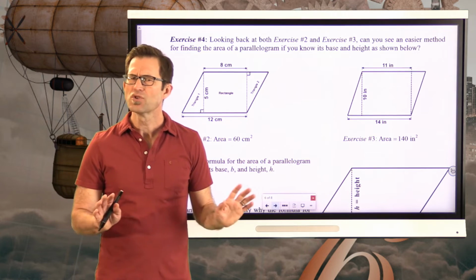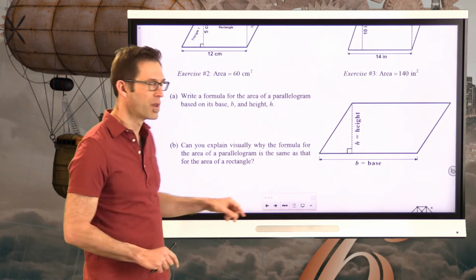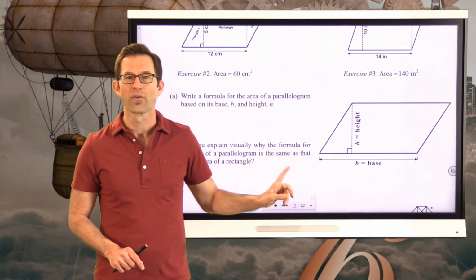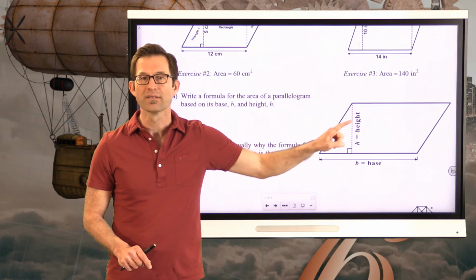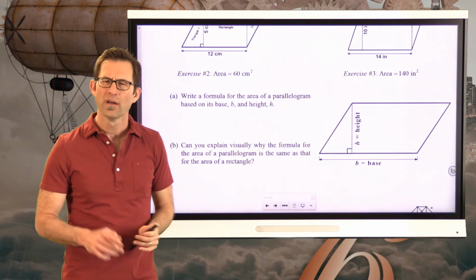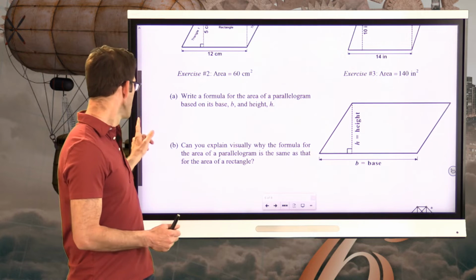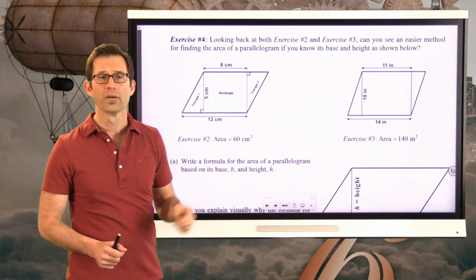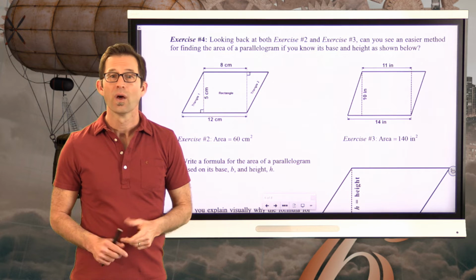Okay, so just looking at those two, can you write a formula for the area of a parallelogram whose base is given by the letter B and whose height is given by the letter H? Think about that for a minute. What would the formula be based on what you see right here? Well, notice, right?